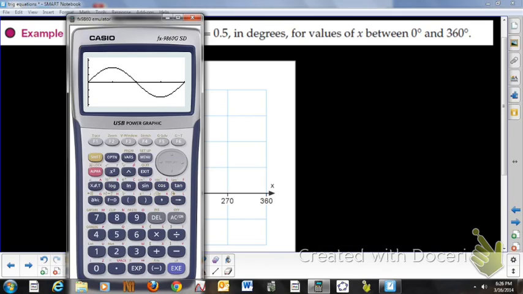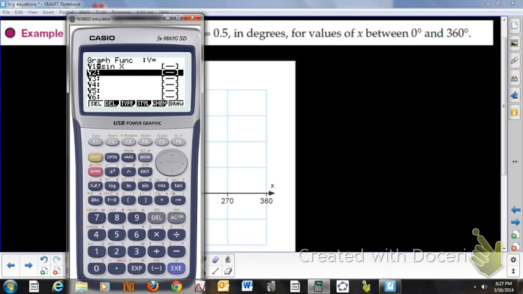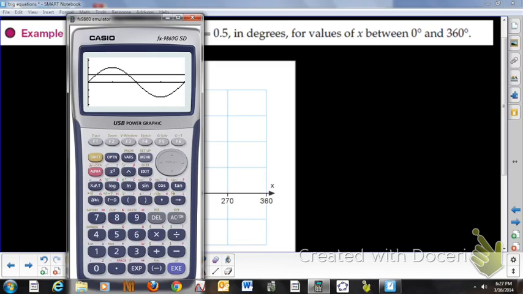Now, we have to go back into our graph menu, because what we're going to do, remember sine x is equal to 0.5. So if you remember drawing this, we're just going to put y is equal to 0.5 there, and then draw that. You get a straight line for 0.5, and we have 2 points of intersection between sine and the line. We then go into Shift G solve.